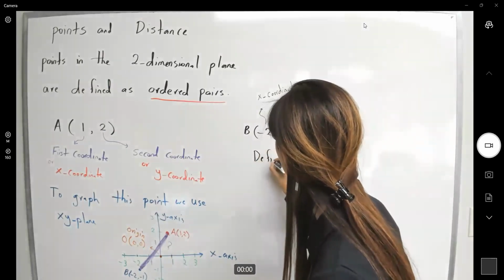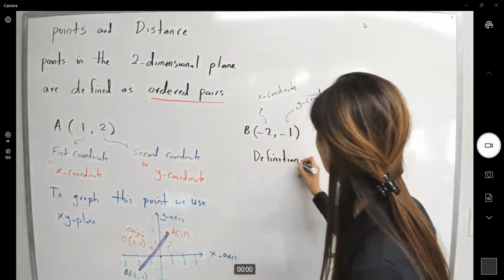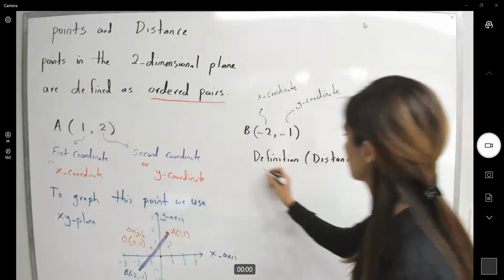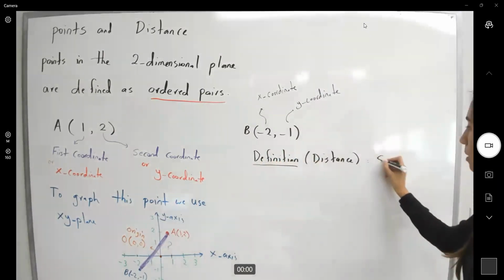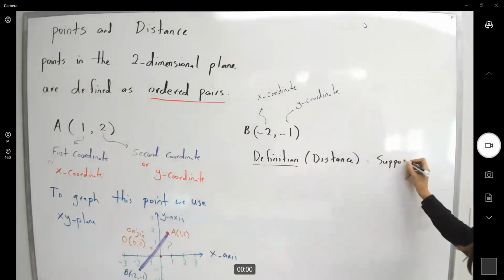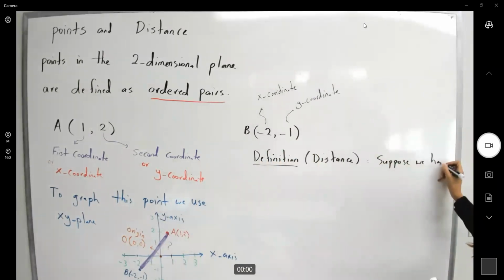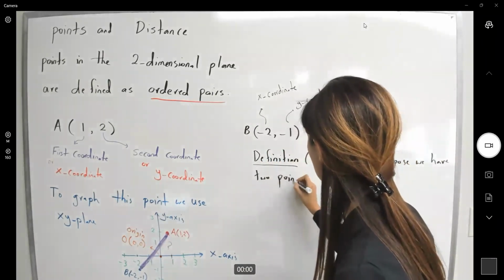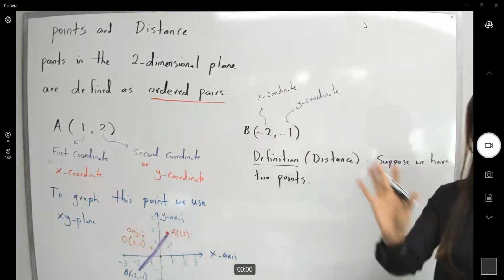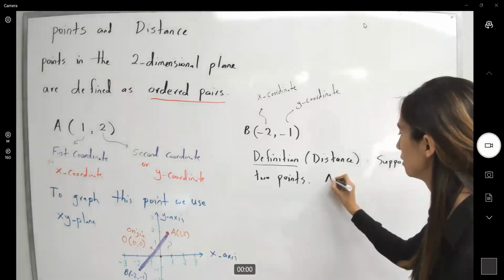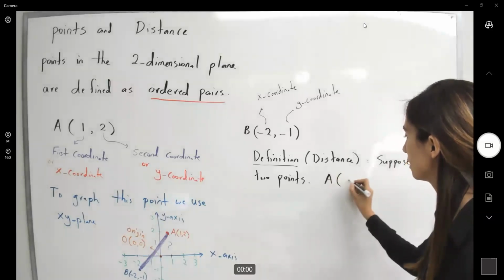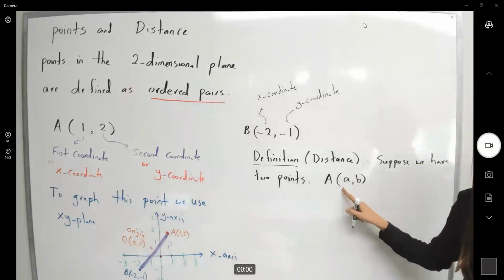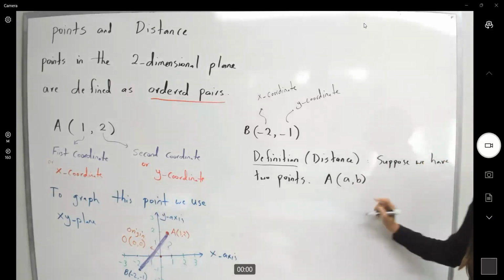Definition of the distance. So suppose you have 2 points. The very first point is denoted by A, with (a, b) as its first coordinate and second coordinate.